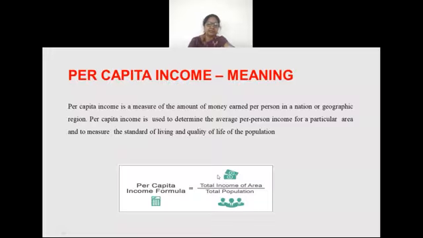That is the formula given in the slide: total income of the area divided by total population. So in our country, the total income of the particular country divided by population. So we have to calculate the goods and services produced during the particular year, then divide by the total population. So that gives the per capita income.